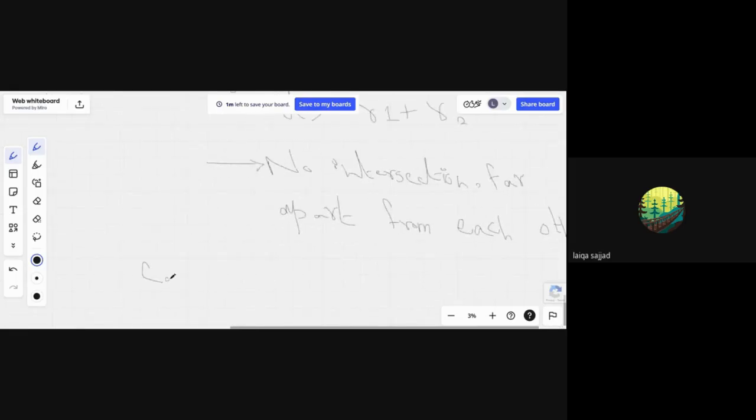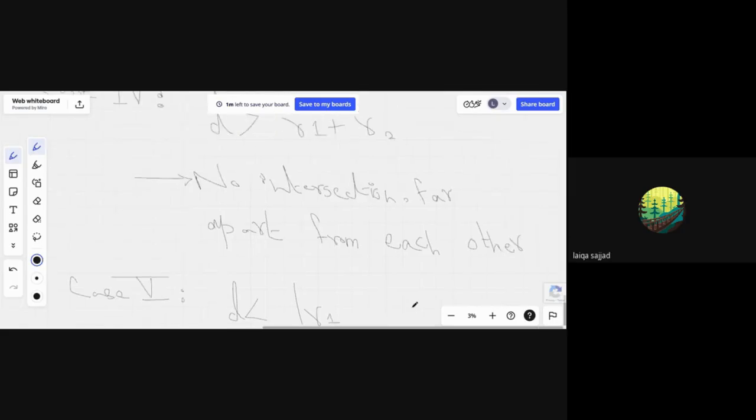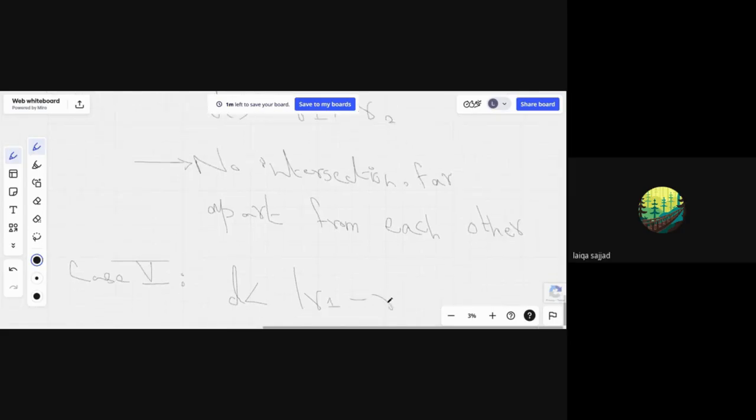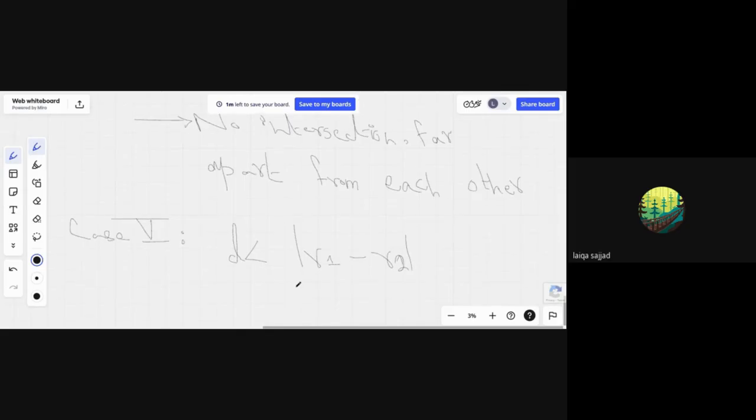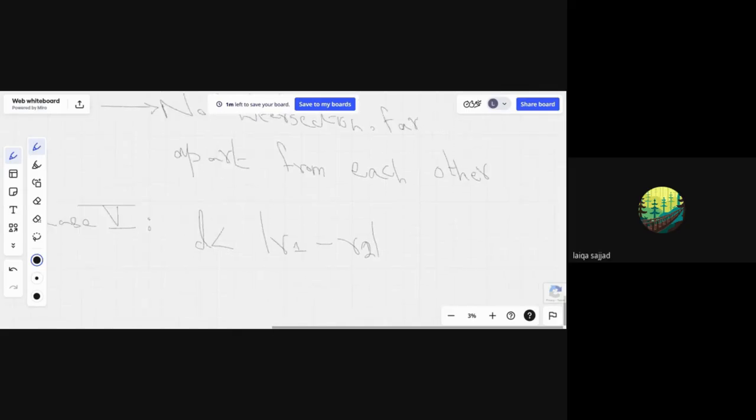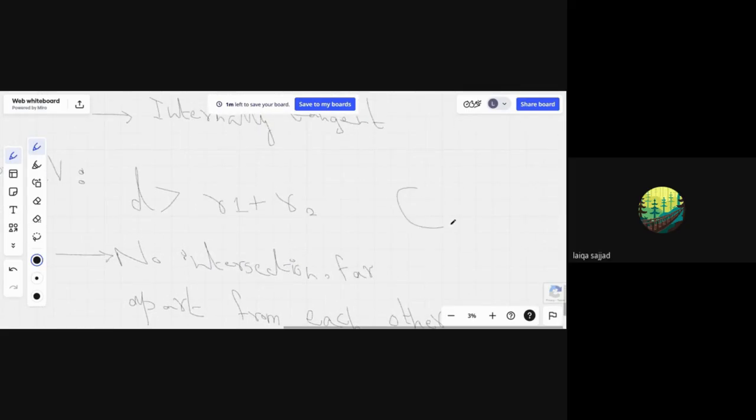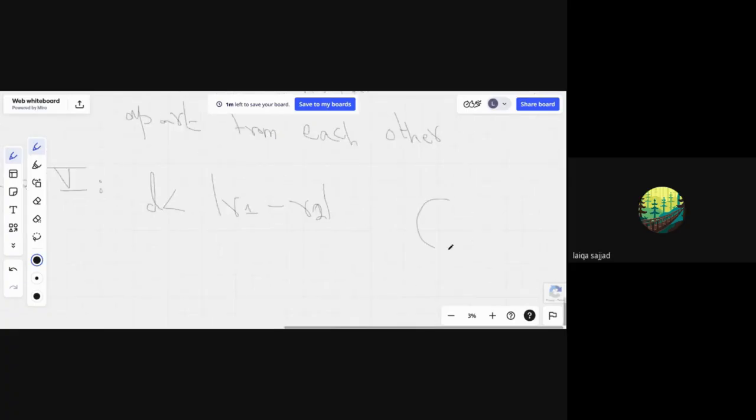And if d is less than r1 minus r2, it represents that there will be no intersection and the circles are inside each other. In this case, they will be far apart from each other, and in this case, they will be like this.